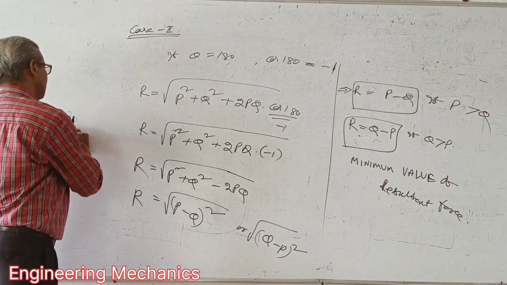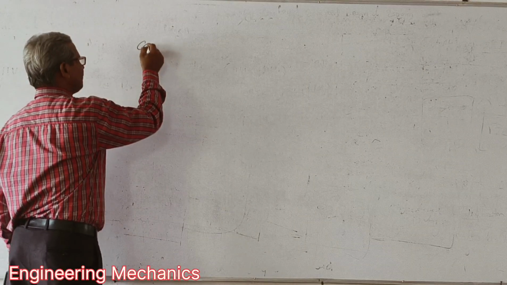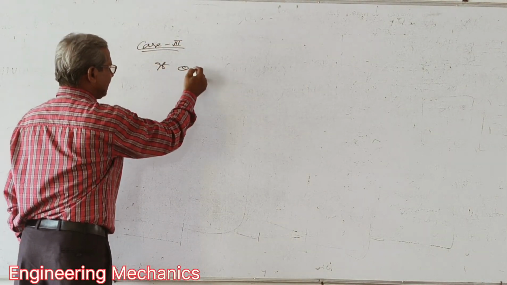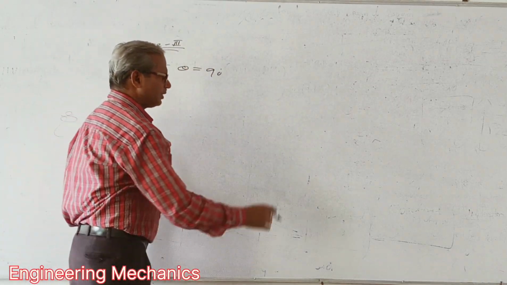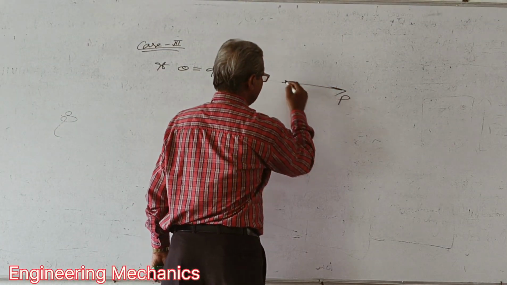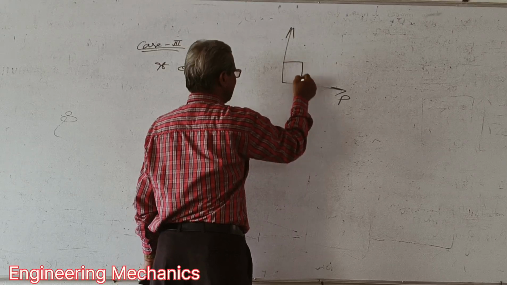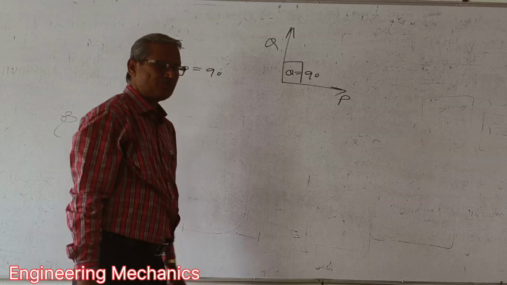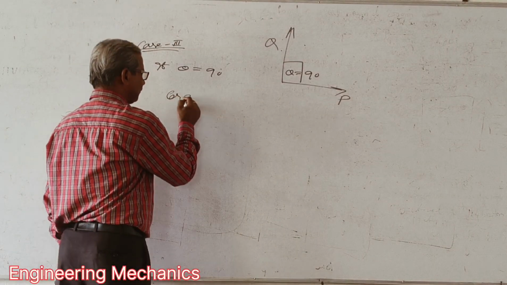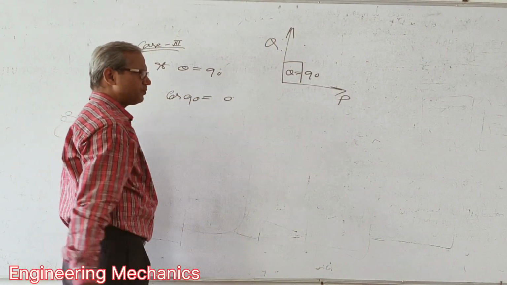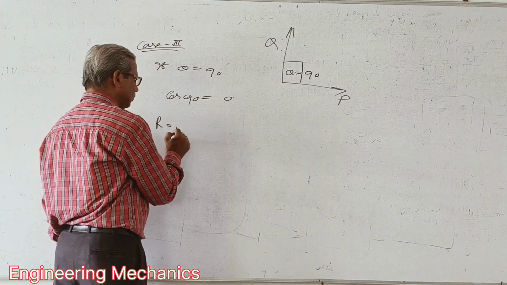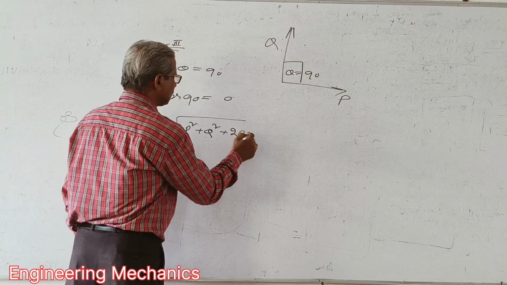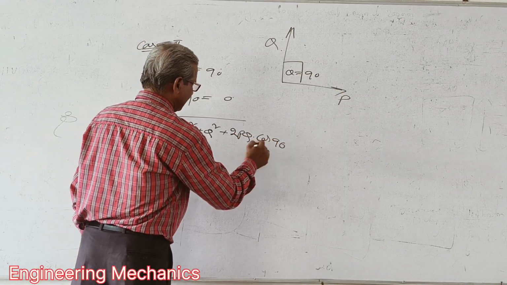Next, if theta is 90, this is P, this is Q, this angle is 90, and cos 90 is 0.